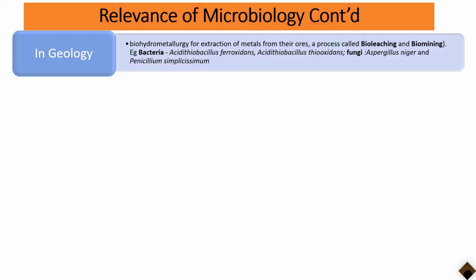For example, Acidithiobacillus ferrooxidans and Acidithiobacillus thiooxidans are bacteria that are used in bioleaching of common heavy metals such as copper, zinc, nickel, lead, arsenic, cobalt, molybdenum, gold, and silver. On the other hand, some fungi such as Aspergillus niger and Penicillium simplicissimum are used in bioleaching of metals such as copper, tin, aluminium, nickel, lead, and zinc.